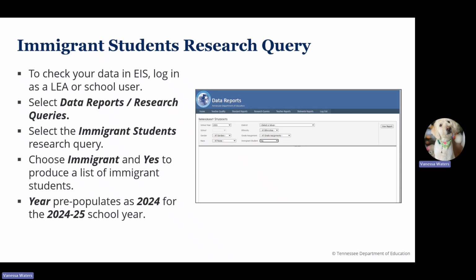Next, select the Immigrant Students Research Query. Last, choose Immigrant and Yes to produce a list of immigrant students. Note that the year pre-populates as 2024 for the 2024-25 school year. As you can see, I have provided a screenshot of the web page.